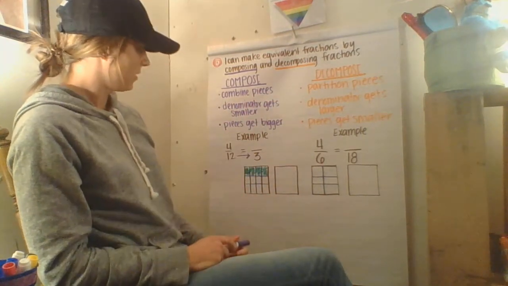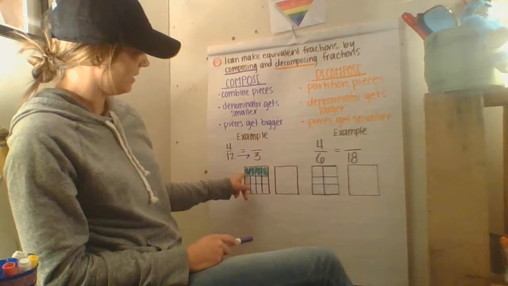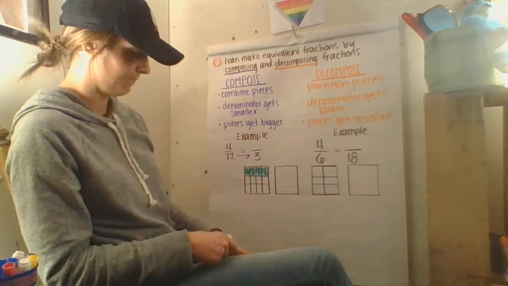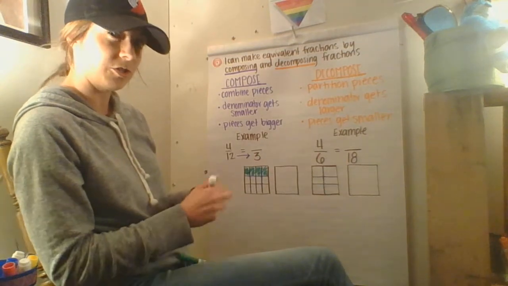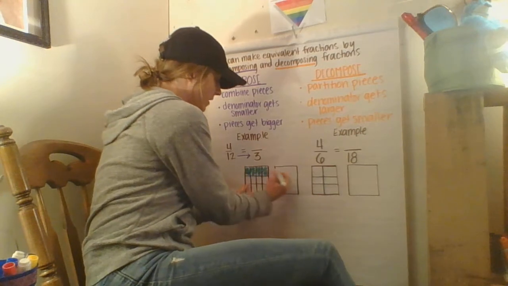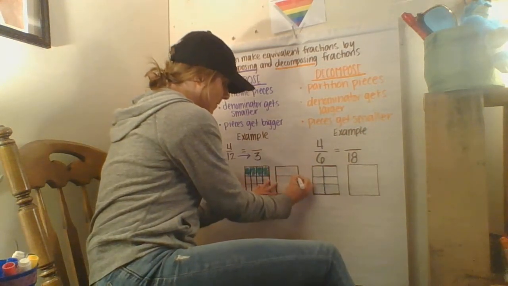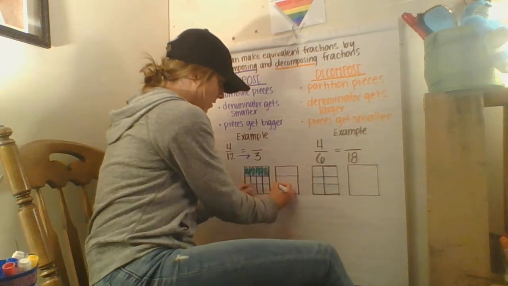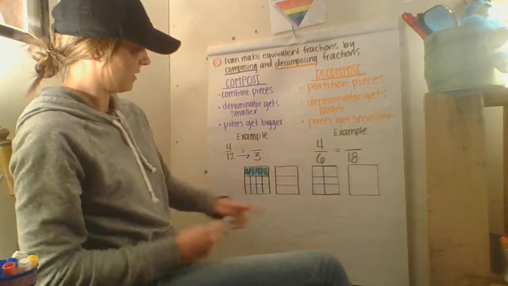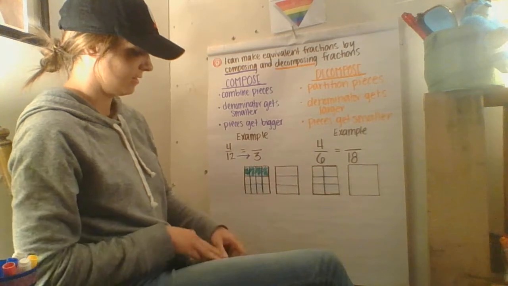Okay, so I kind of can see that there are 3 parts like this. I'm going to use my purple to show you that I'm going to combine all 4 of these fourths into 1/3, all 4 of these fourths into 1/3. Now I have 3 parts.